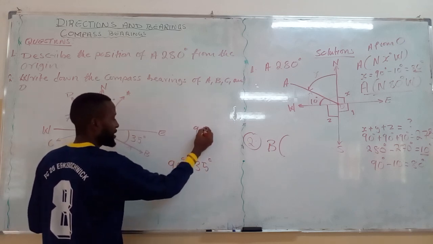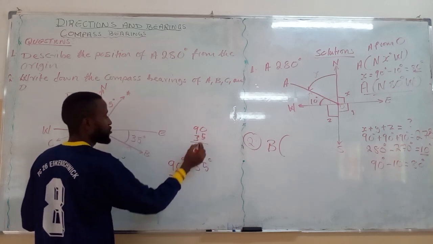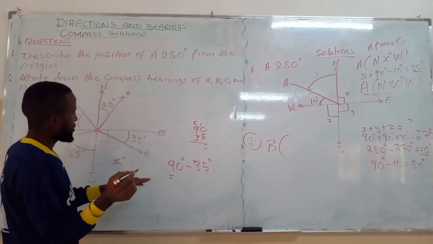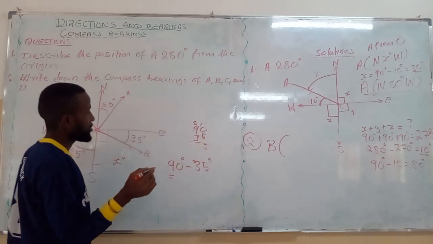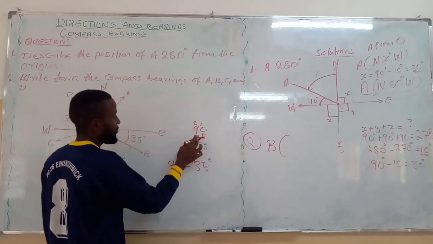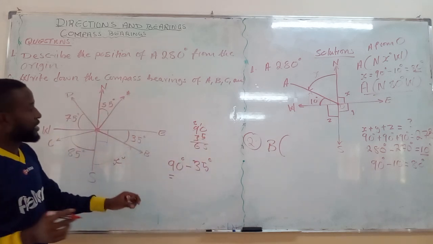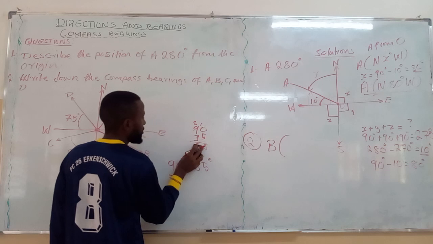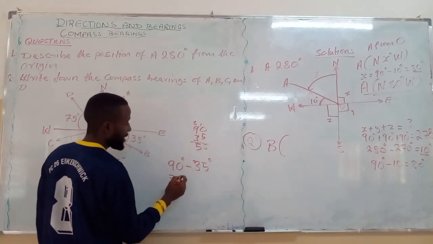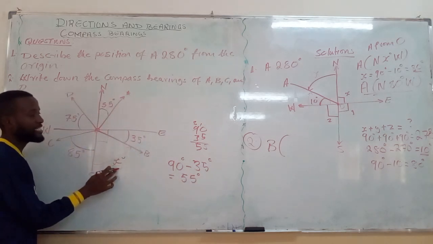Okay, 55, not 65. That is supposed to be 55. So 90 minus 35, we have 55 degrees. So this degree which is here, it is 55.